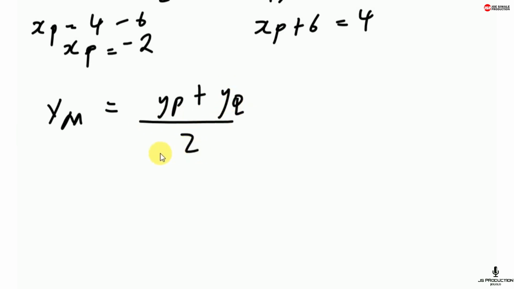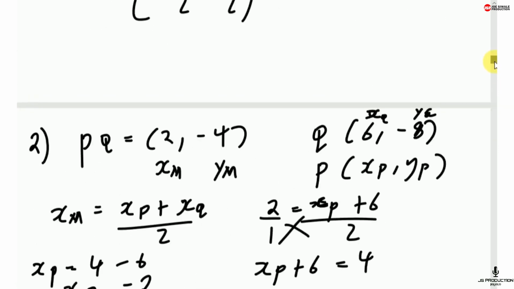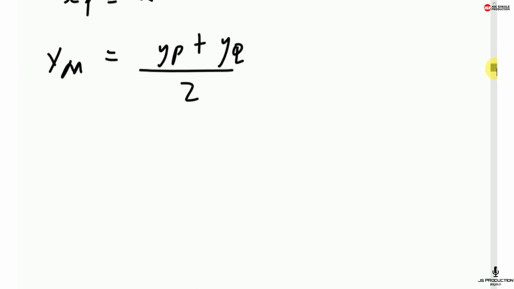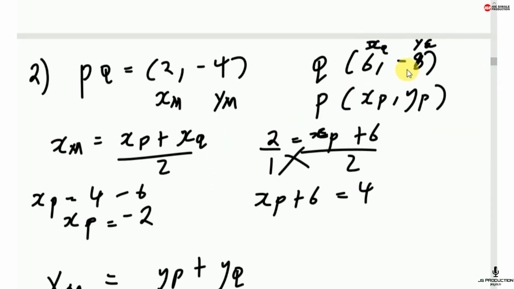So that's going to be our formula, and from that we can replace. So we know that our YM is -4. We know that that's -4. -4 is equal to, we are trying to calculate the coordinate of P, which is the y coordinate. What about the coordinate of Q? So YQ, we know that's -8.